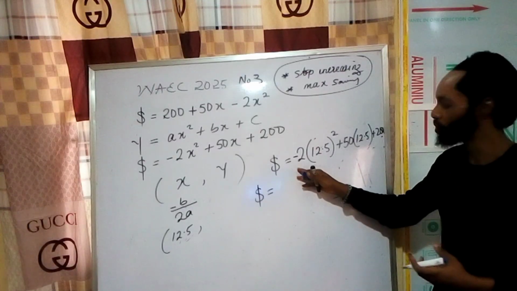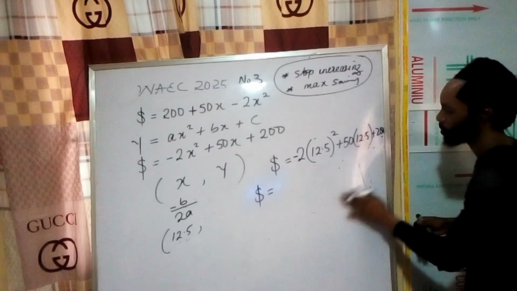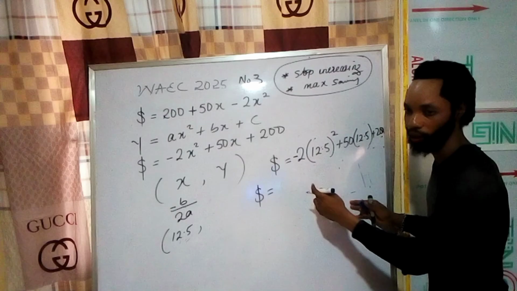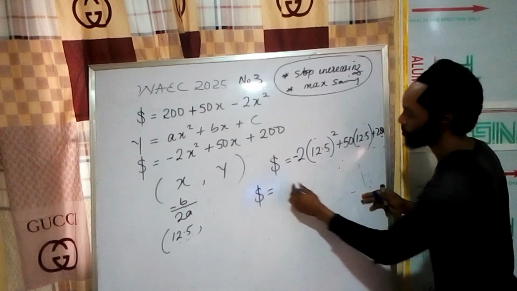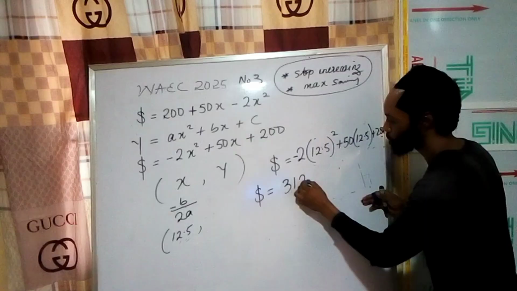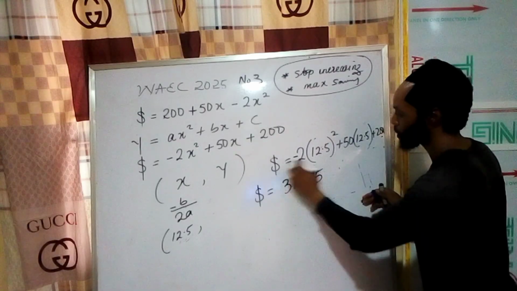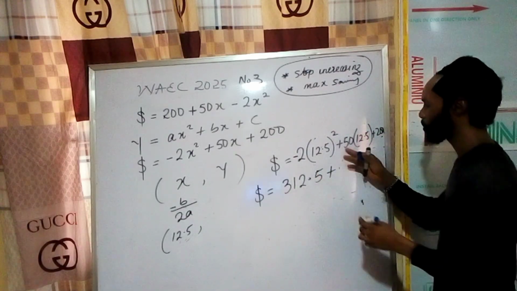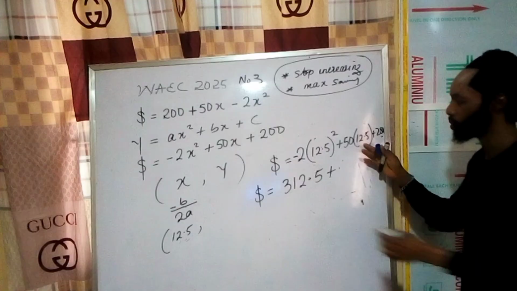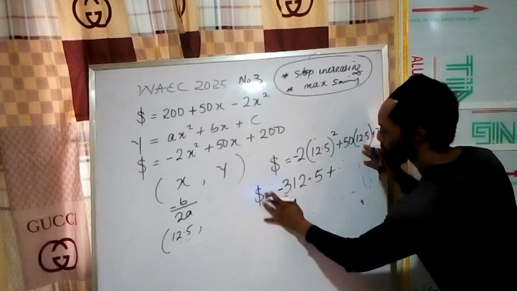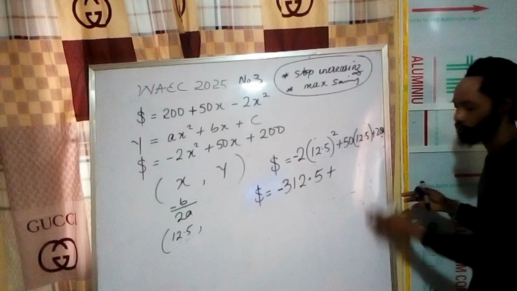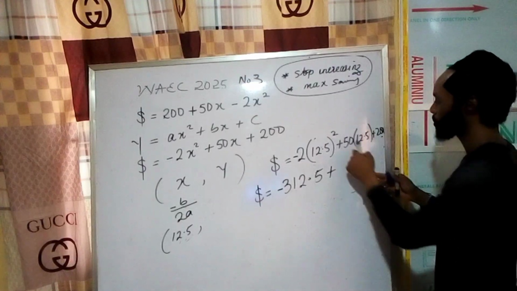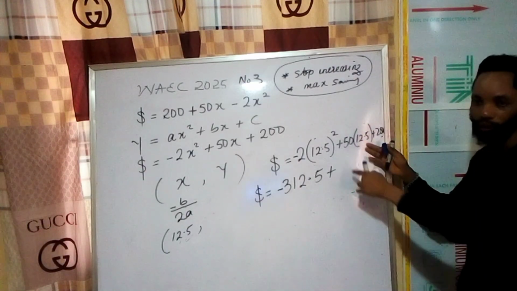Multiply it by negative 2. What do we have? 312.5. That's the whole of this. Plus 50 times 12.5 is what? Let's punch our calculator.